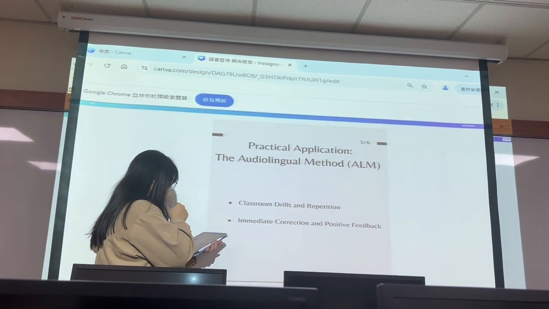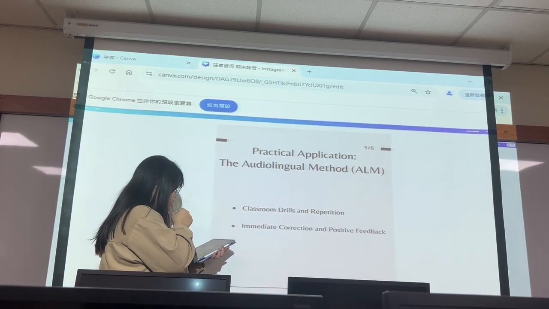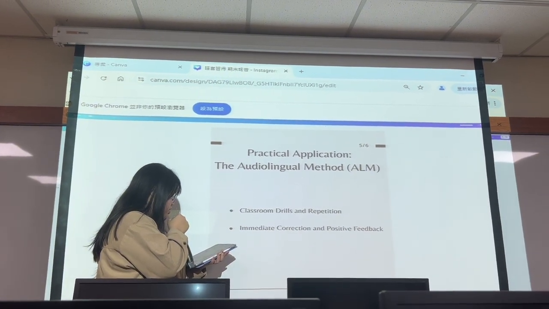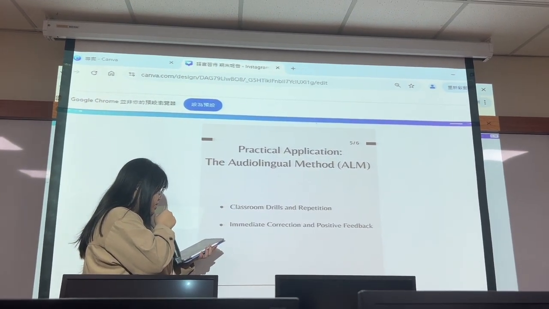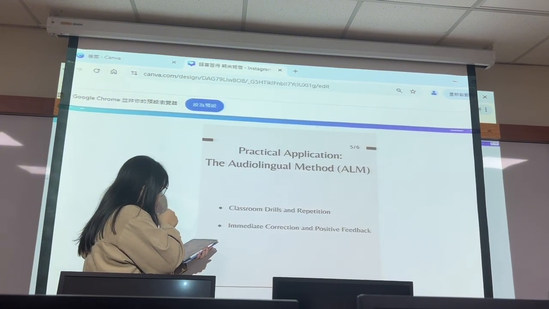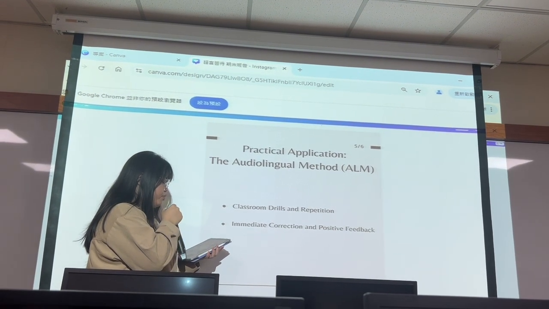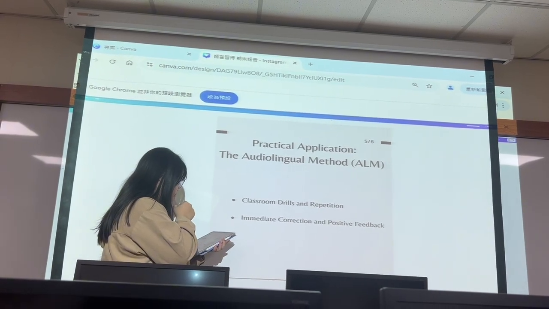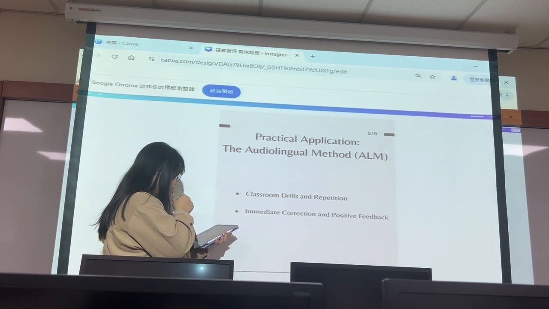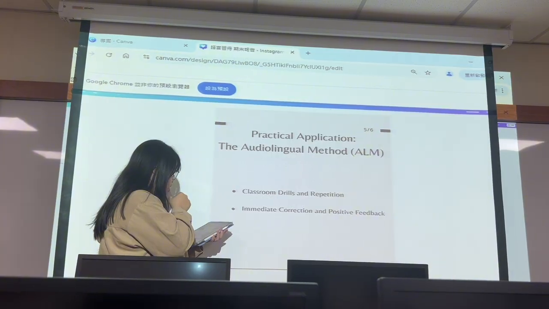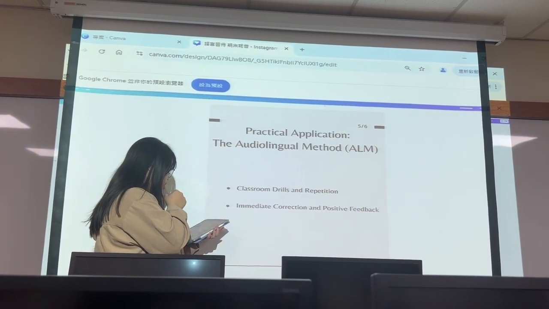And immediate correction and positive feedback. If a student makes a mistake, the teacher corrects it right away. When the student says it correctly, the teacher gives them praise or positive reinforcement.